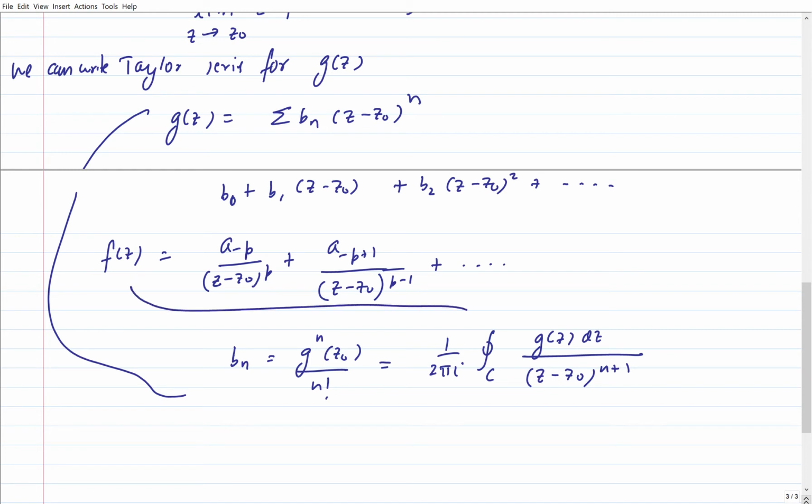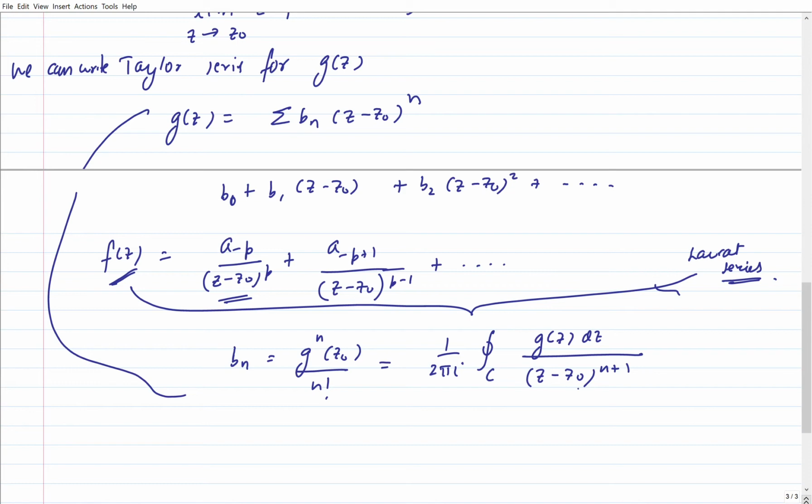By the way, this is called a Laurent series, which is the expansion around z0 of a function which actually has a pole.